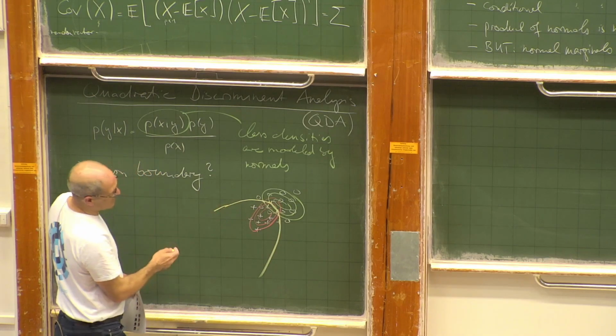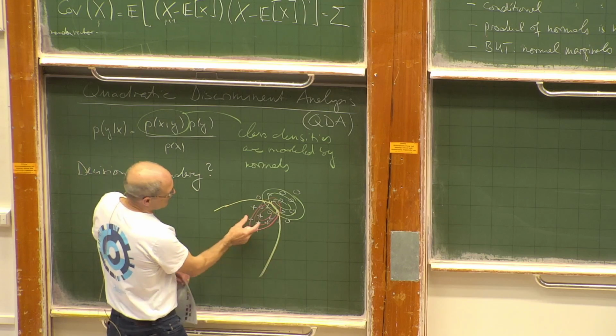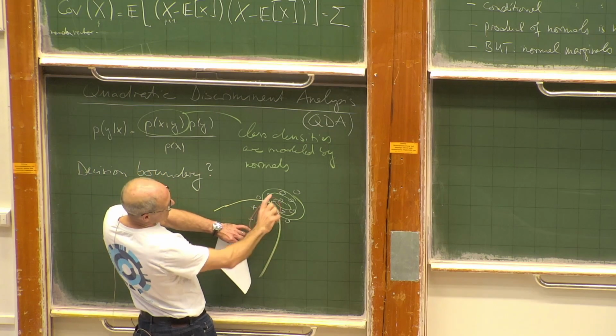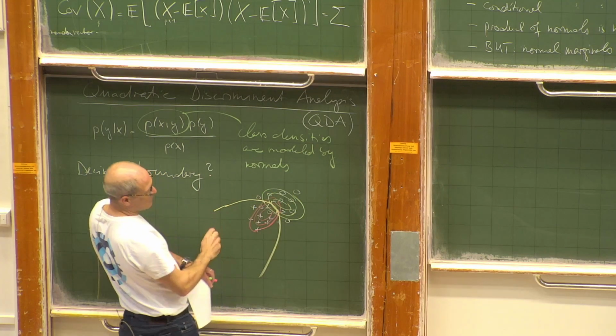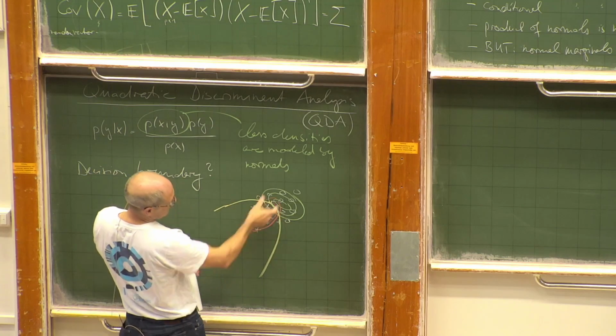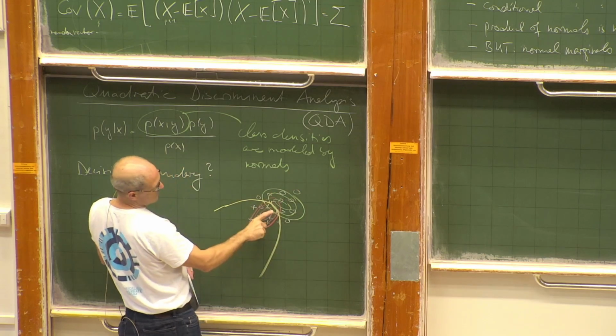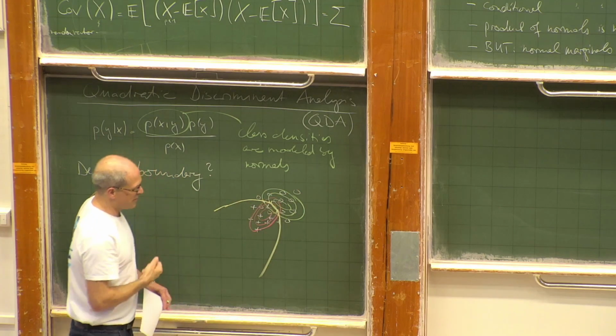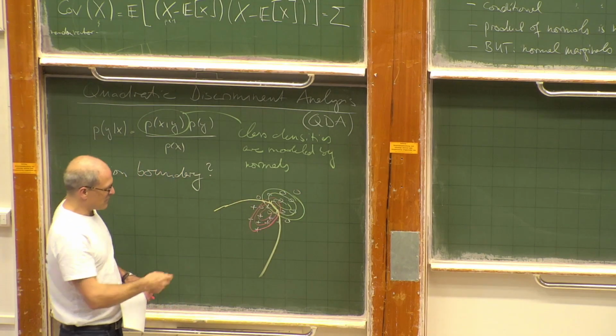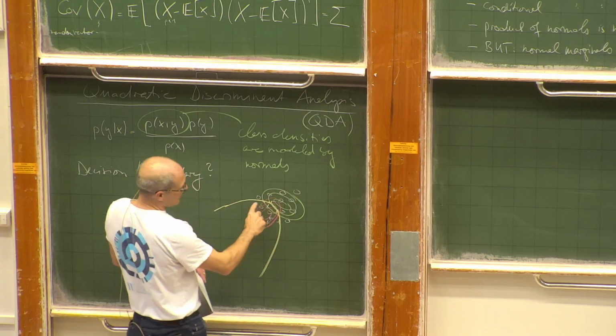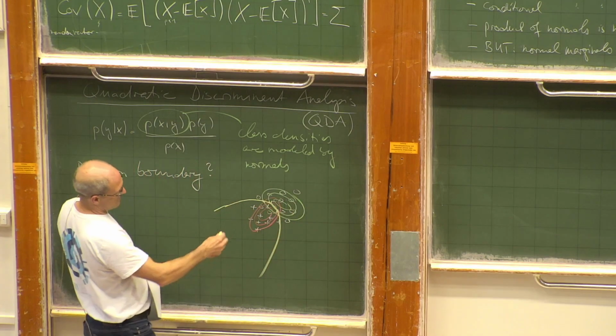And now an interesting feature is, you see this red class, it penetrates the green one, right? It is elongated in this direction. So in this direction, the red class has bigger variance than the green one. And this means that eventually, as we go far away, the red class will win again.